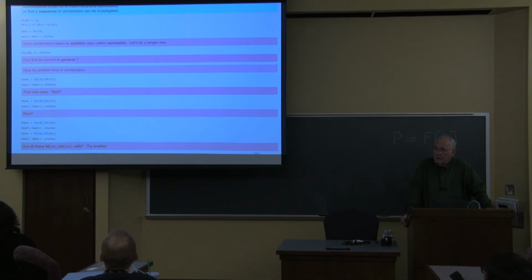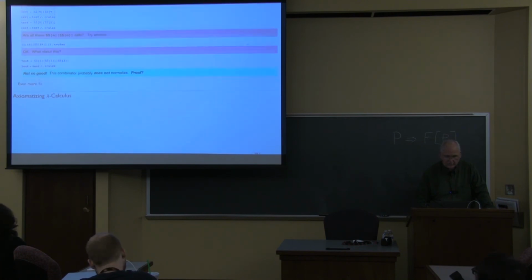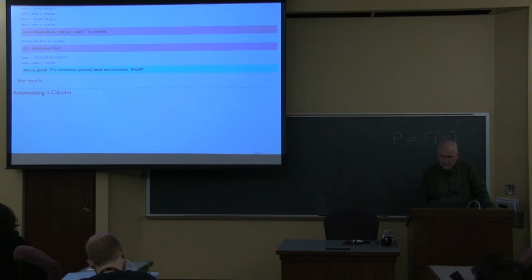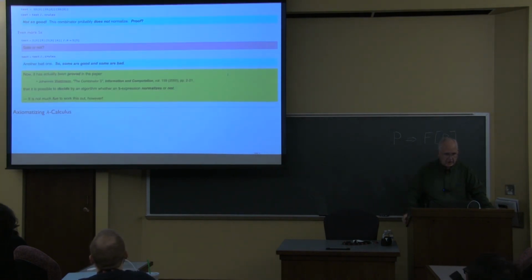However, an arbitrary combination of S's is not guaranteed to have a normal form. And so I gave examples and tried it out there. But if it interests you at all, this chap, Waldmann, he gave a proof so that you can test a combination of S's as to whether it is reducible or not.